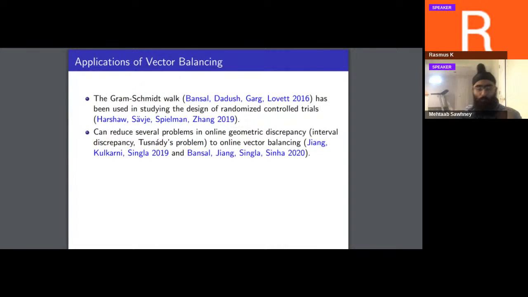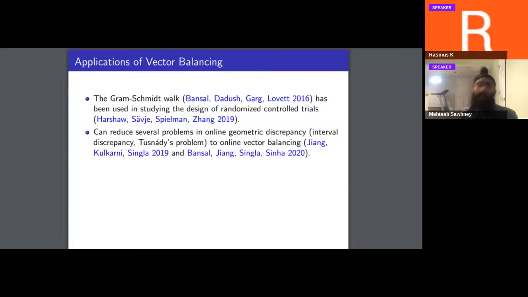Similarly, within discrepancy theory, there are a bunch of classical geometric discrepancy problems, like interval discrepancy and Spencer's problem. Basically, you're given a bunch of points in some space, and you want to choose signs for the points, whether the point is red or blue, so that in any given region of this space, the number of red points versus the number of blue points is approximately the same.